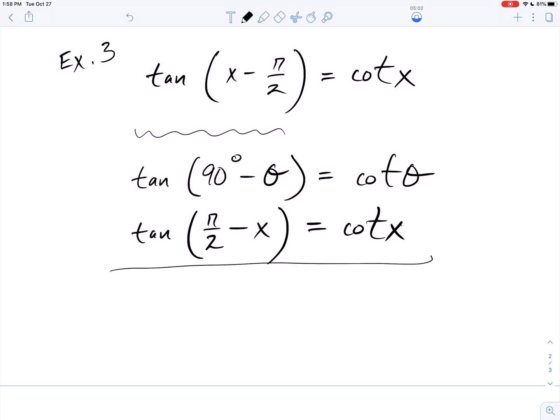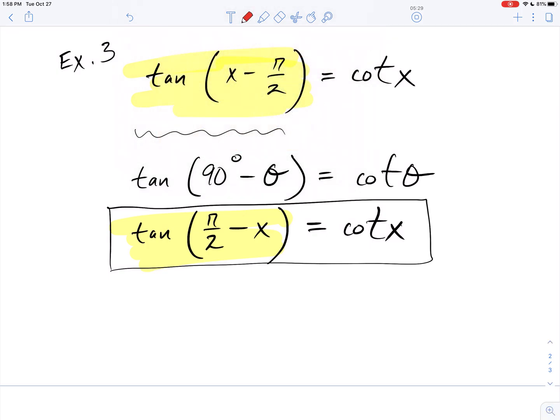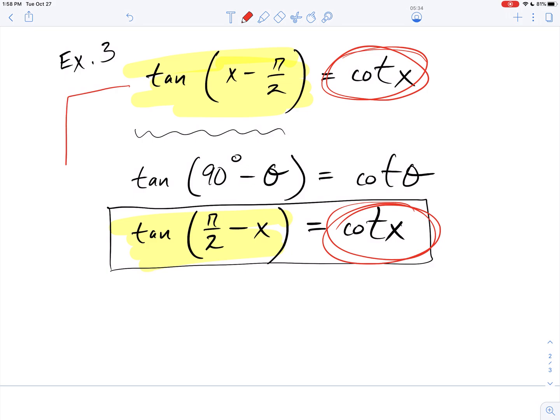This is the co-function identity, but what I want you to see is if this is equal to cotangent, this is it, right? How can both of these things be equal to the same thing but be different? Both of these guys are equal to cotangent? Come on. Well, then they better match.